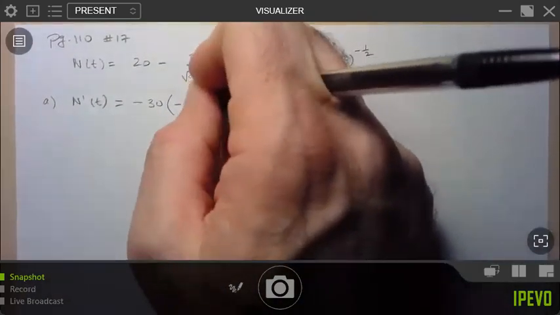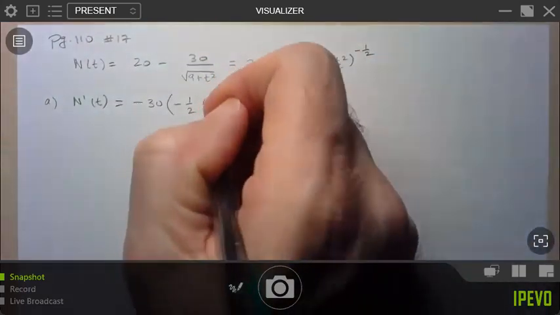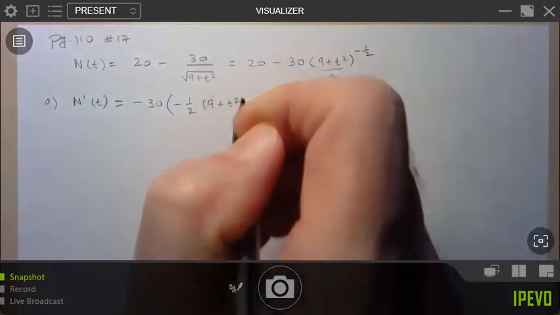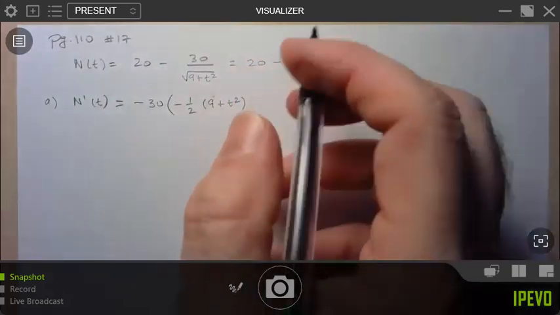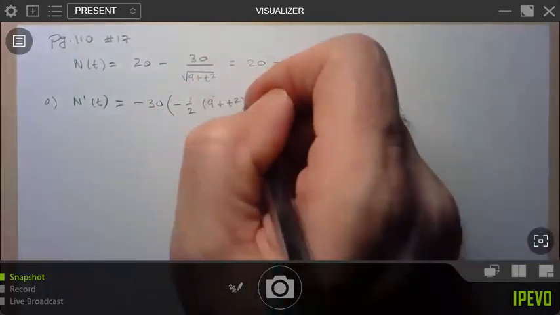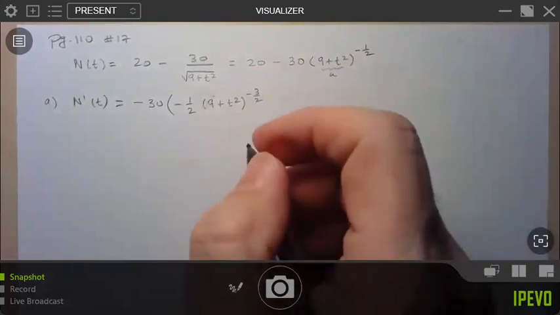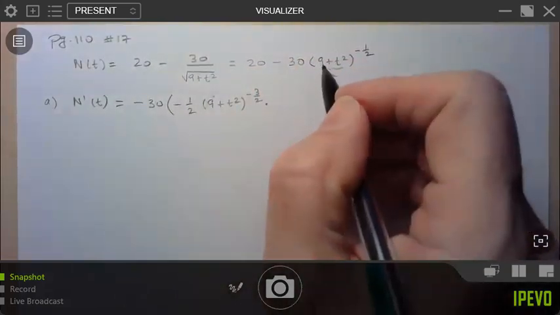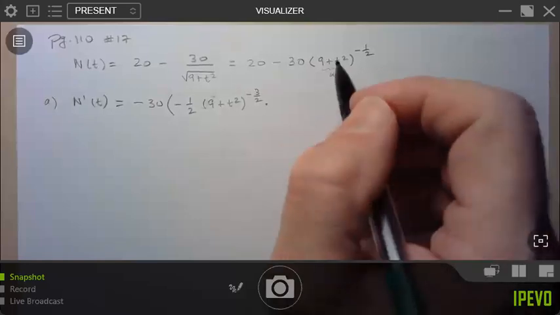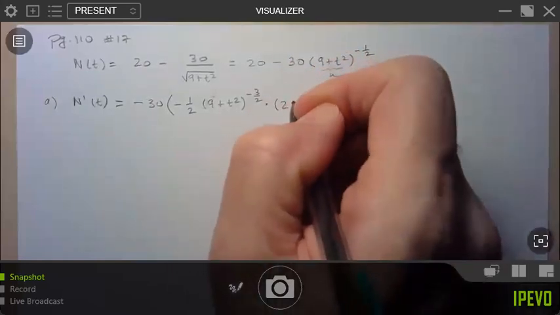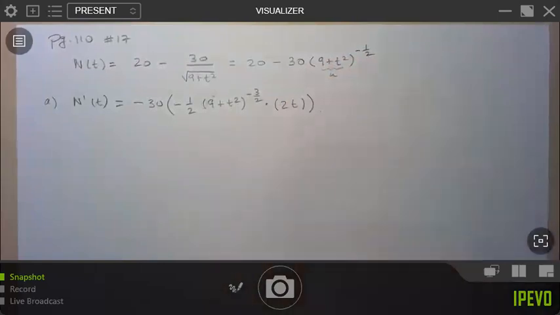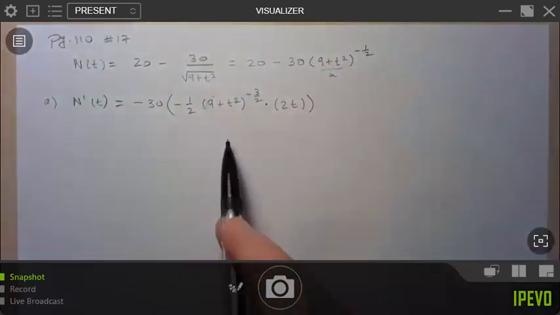I'll just put it directly as 9 plus t squared. Okay, and then negative 1/2 minus another 1 is negative 3 over 2. And then, of course, we have to multiply that by the derivative of u with respect to t, which is just going to be 2t. Okay, and so there's the derivative unsimplified.